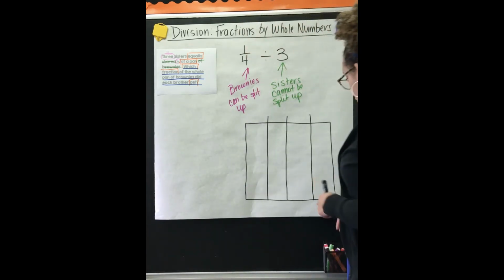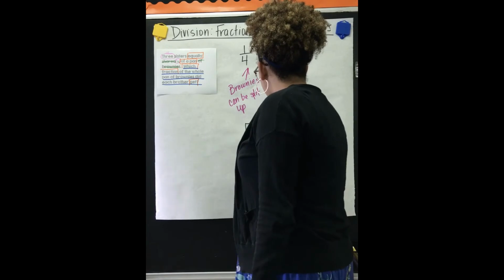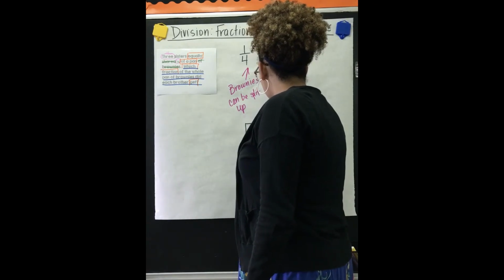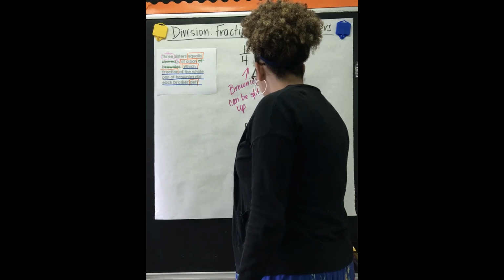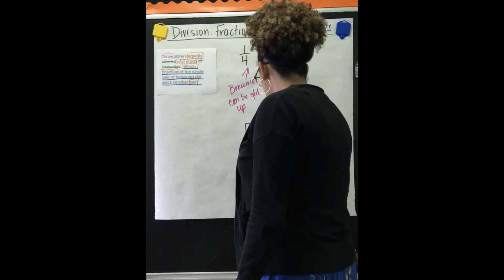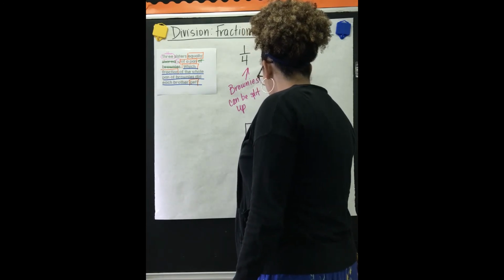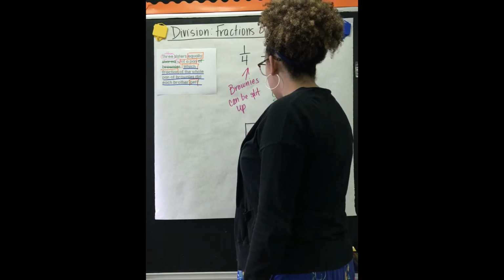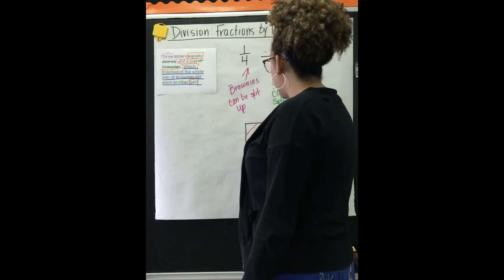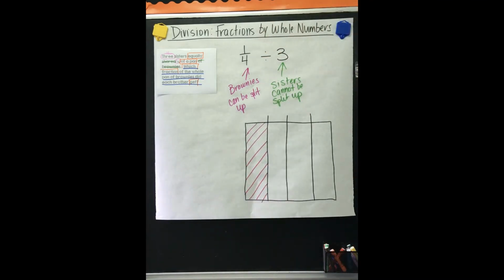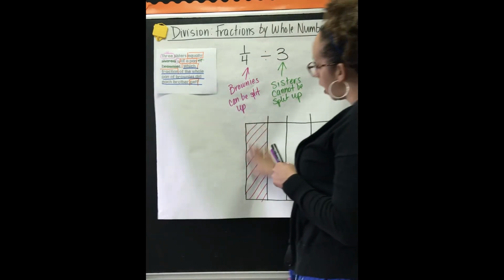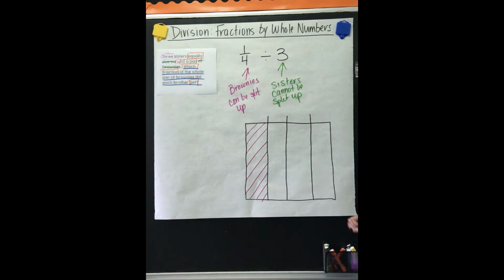And we only have one of them. Okay. When we're doing a fraction divided by a whole number, you can actually scribble it, but we'll keep it like that for now. So we have 1/4 of a pan of brownies. How many people are we splitting it in between?